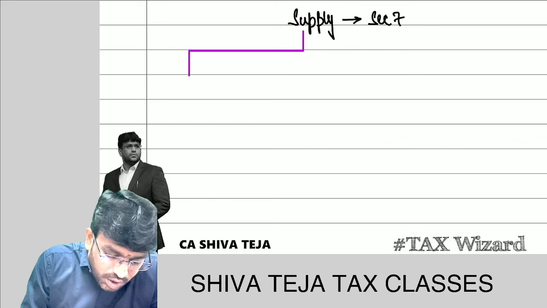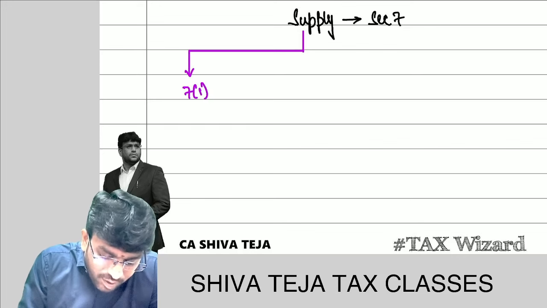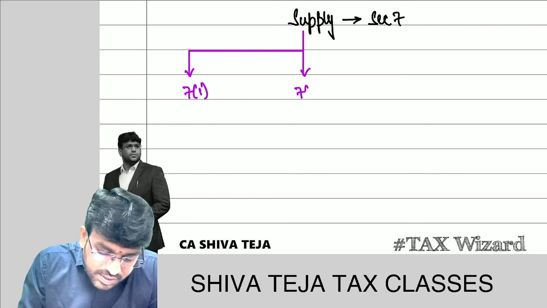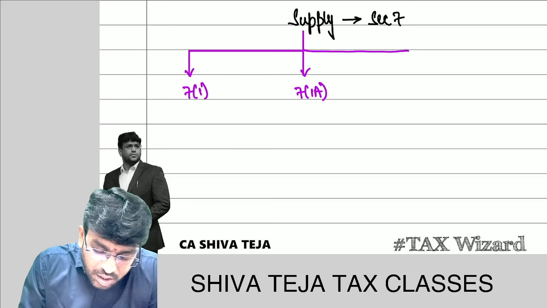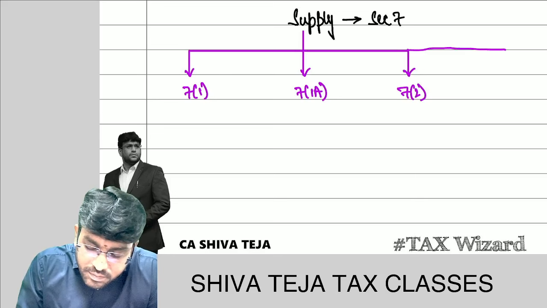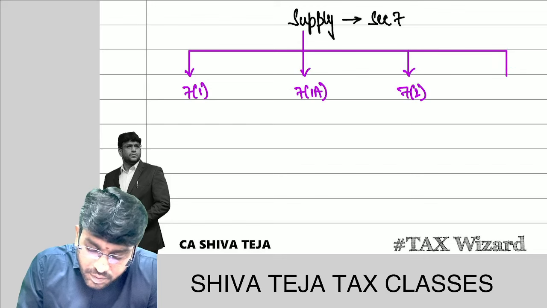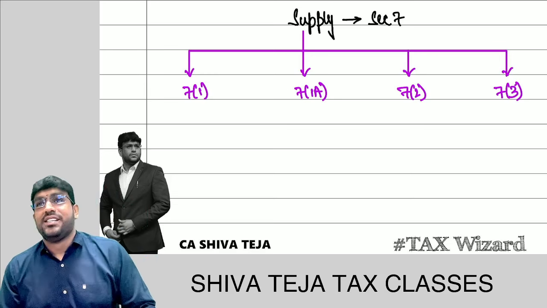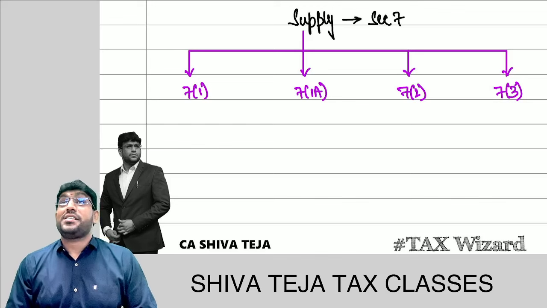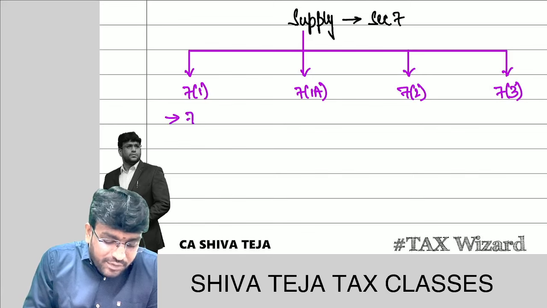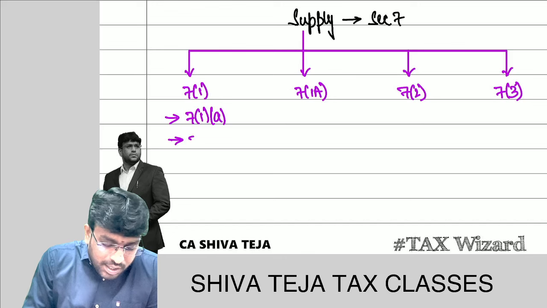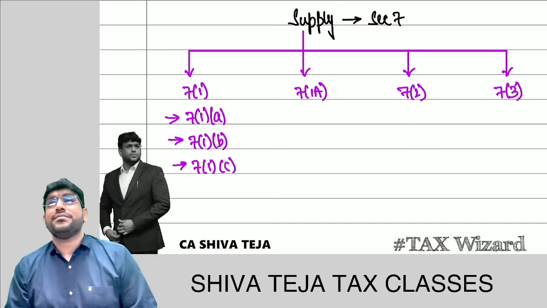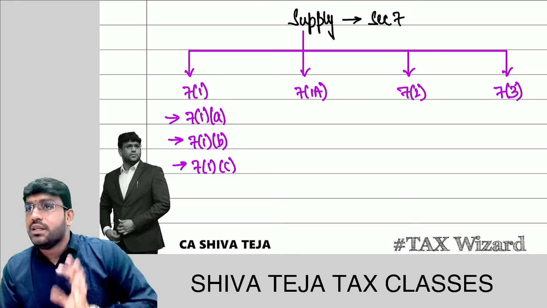And friends, let me tell you, this Section 7 is divided into 7(1), 7(1A), 7(2), and 7(3). Some things you will find like already learnt in CMA Inter, but special points will come now. Are we ready, sir? 7(1) is further divided into 7(1)(a), 7(1)(b), 7(1)(c). And 7(1A) is 7(1A) only.